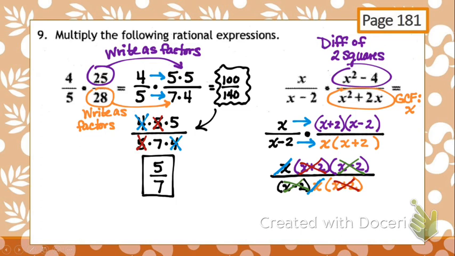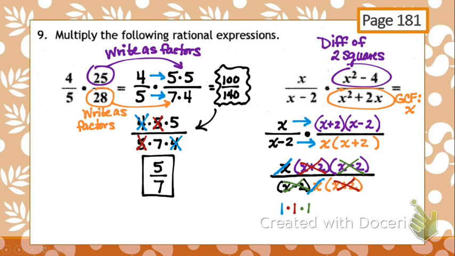What's 5 divided by 5? 1. What's 4 divided by 4? 1. If I multiply something by 1, it stays the same, right? So if I do x divided by x, what do I get? 1. What about x plus 2 divided by x plus 2? 1. X minus 2 divided by x minus 2? 1.